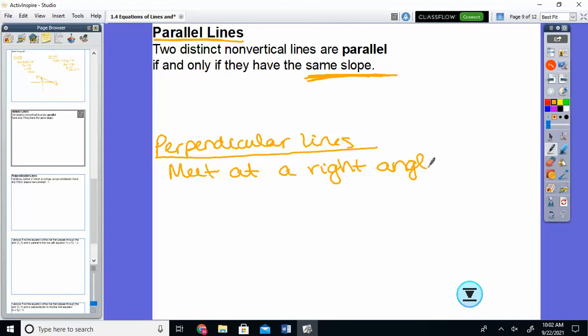What's true about their slopes? Opposite. So if one slope is 2, then the other slope is, make it up, one half. Good. So the slopes are opposite reciprocals. Means if you know one, you flip it and change the sign to get the other.